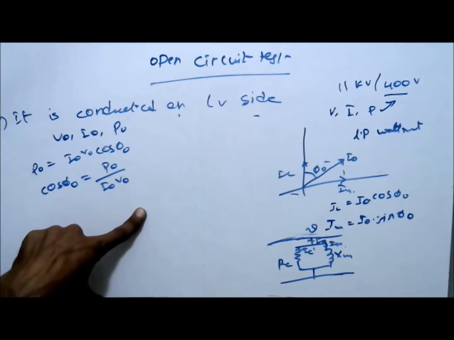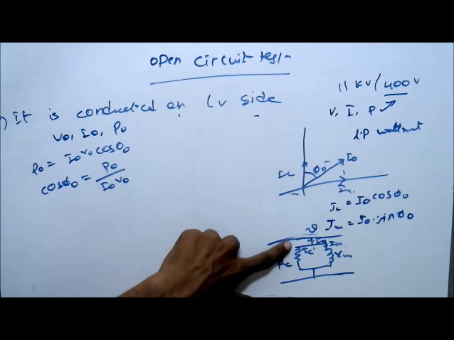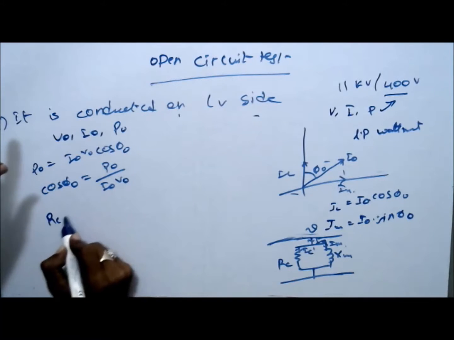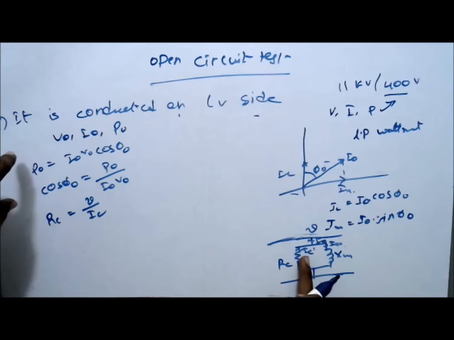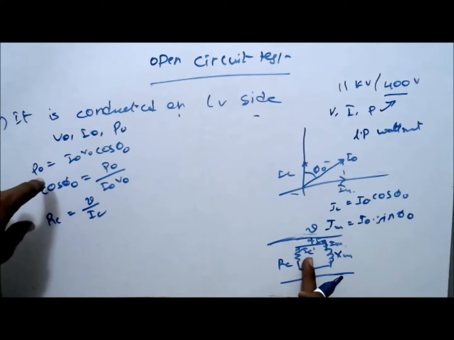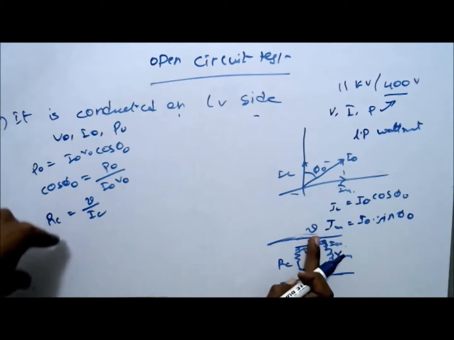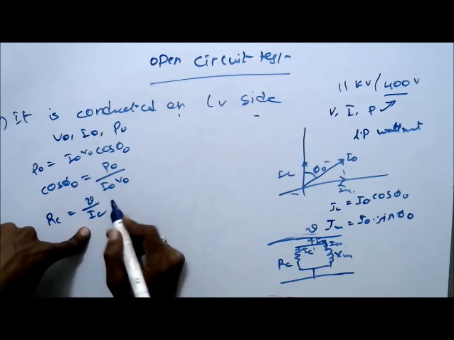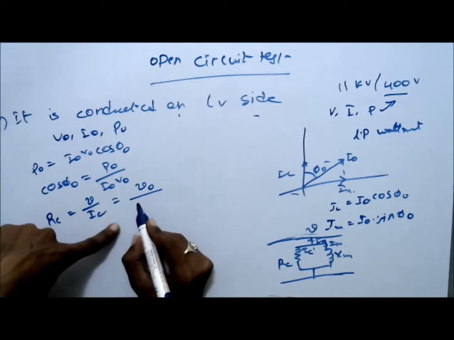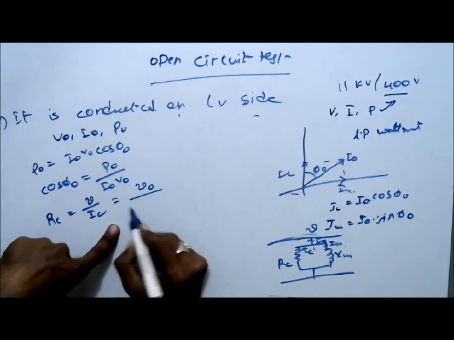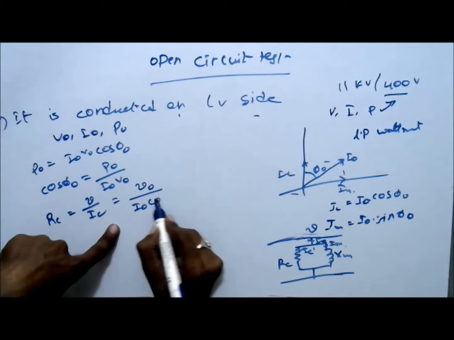Okay. So can I write RC is equal to V divided by IC? The current flowing in RC is IC, and V is constant. So RC is equal to V naught divided by IC, what is the value of IC? I naught cos phi naught.